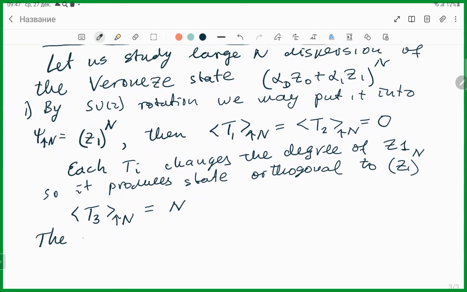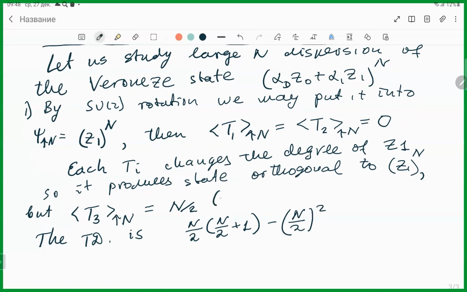So now the total dispersion is, once again, I forgot to divide by 2, minus n over 2 squared. So I am getting n over 2.